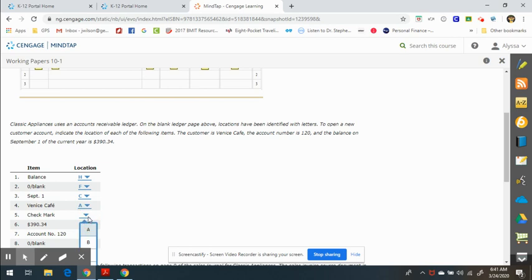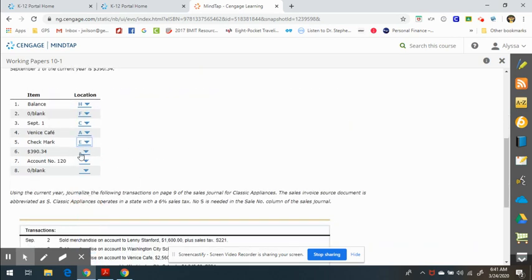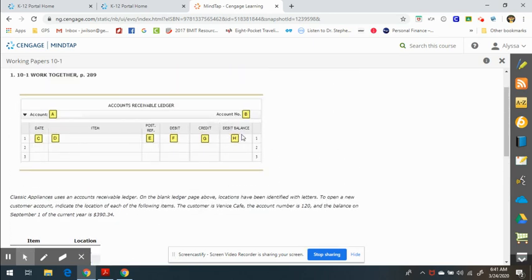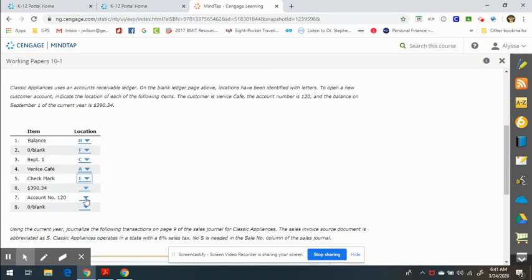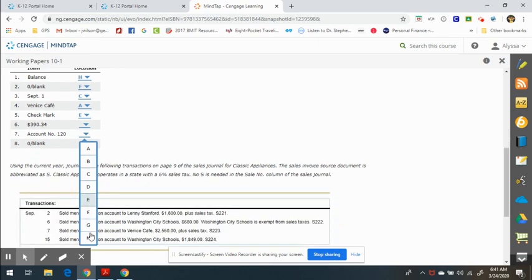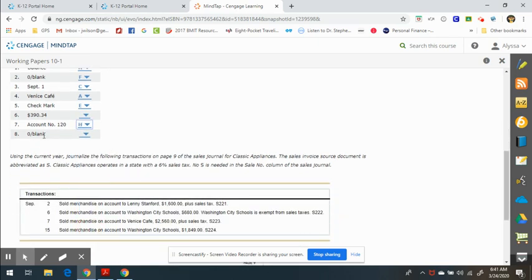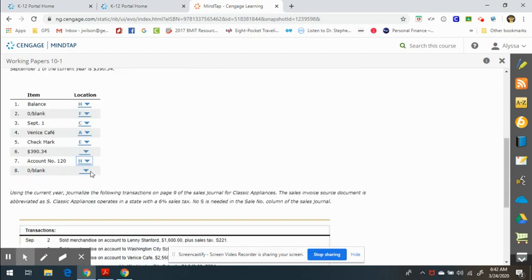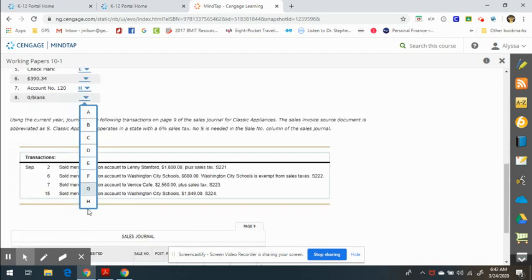Check mark would be E. $390.34 is the balance, and we record the balance in the debit balance column, H. And we have one left, zero blank. We would have nothing in the credit column at this point. So G. Zero blank. Number 8 is G. Okay.